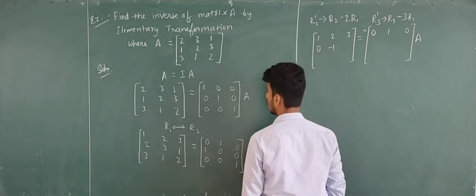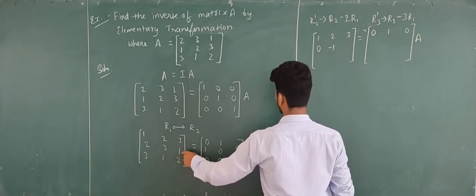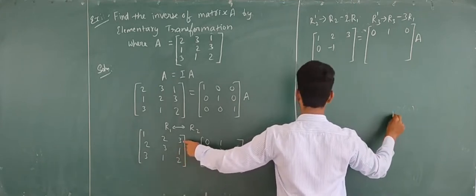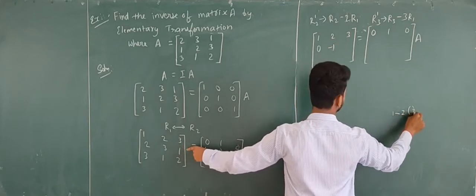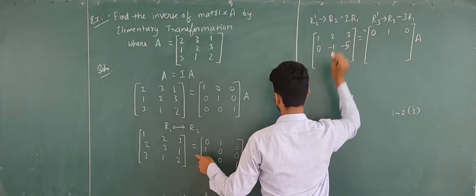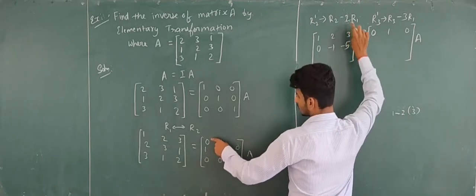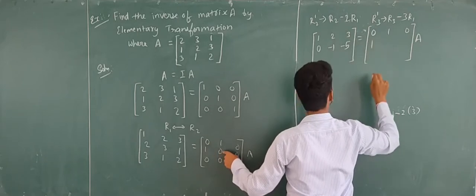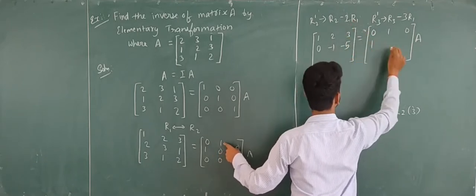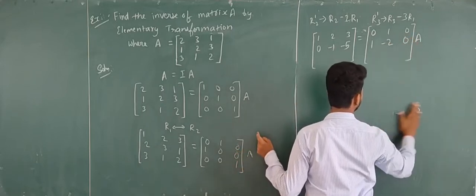Now 1 minus 0 will be 1, 0 minus 2 will be minus 2, and 0 minus 0 will be 0.